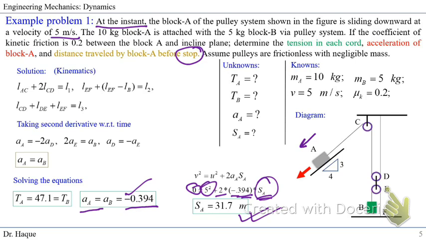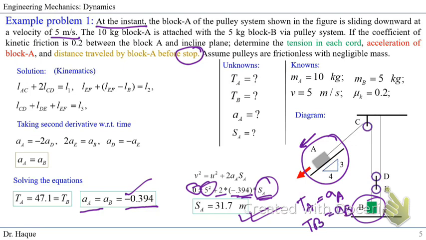So it's easy, you just have to understand what is the thing to consider. We had 4 unknowns. We started with one block at a time. We found a relationship between TA and acceleration A. So we know we cannot solve yet, we need more equations. So we looked into block B, and we got another relationship between TB and AB.